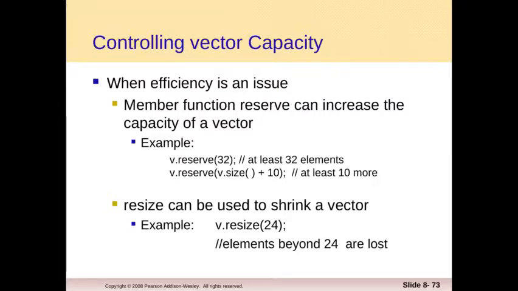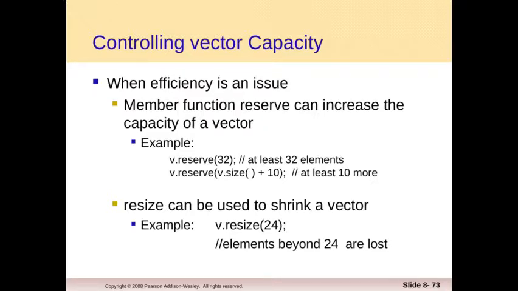Let's say you reserve 32 elements like it says in the slide. What if your loop or whatever you do goes beyond that? It would trigger additional growths in the capacity. Let me correct this.